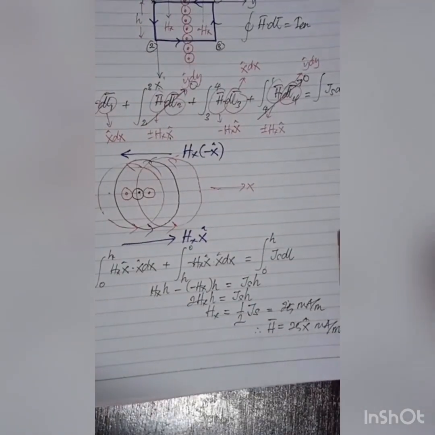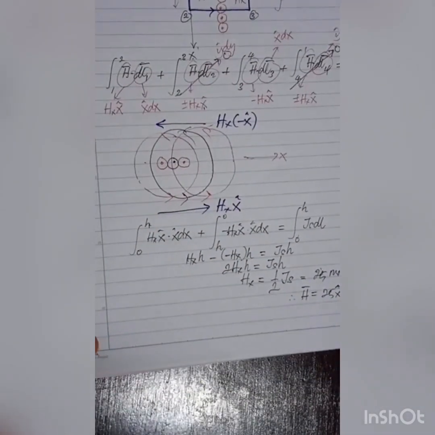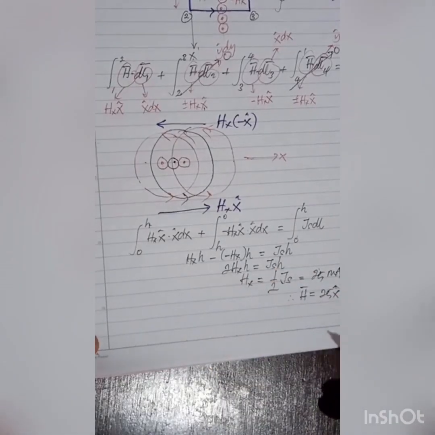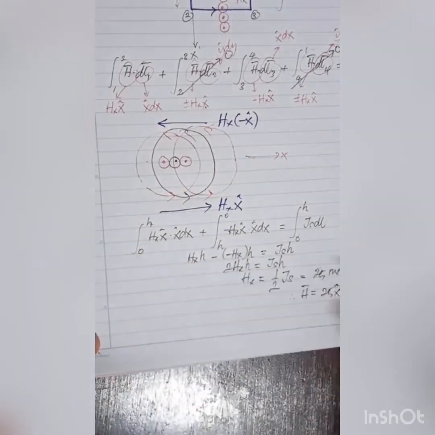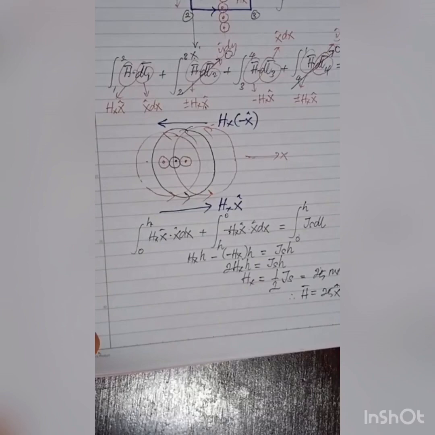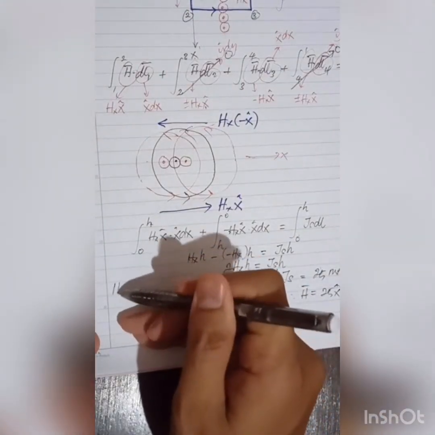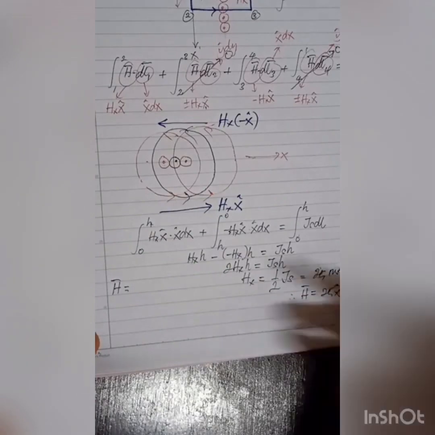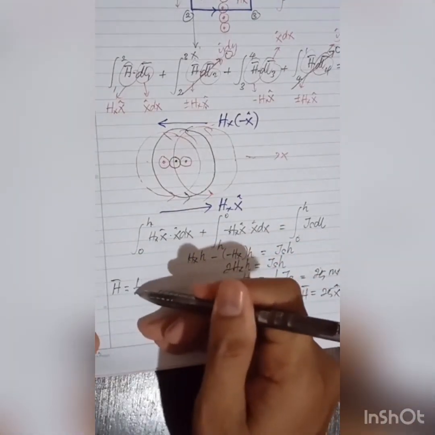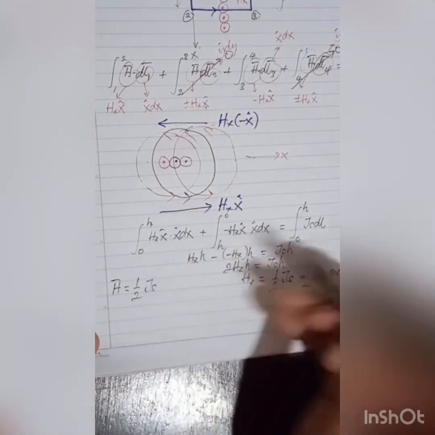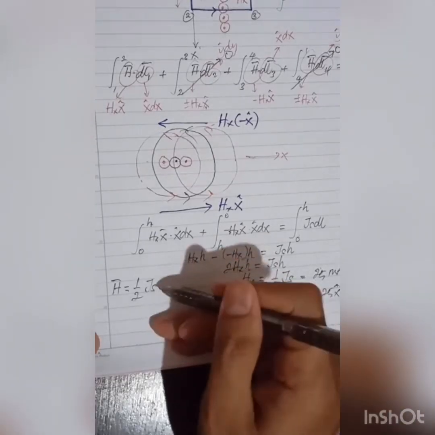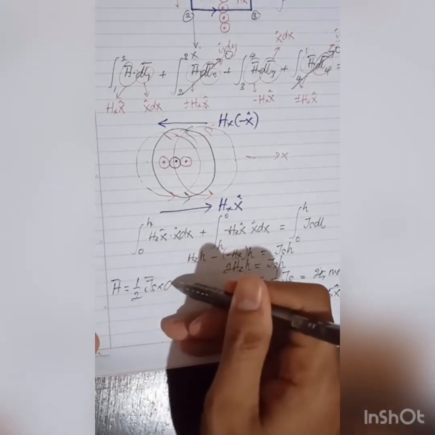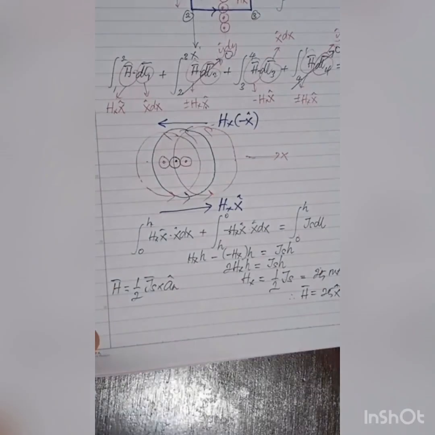Okay, how do we check? We can simply check the results by applying this simple formula for the case of an infinite surface current. So you can find the H of any infinite surface current. Just apply this formula, 1 over 2 Js, from here, right? So just cross with the unit normal vector.